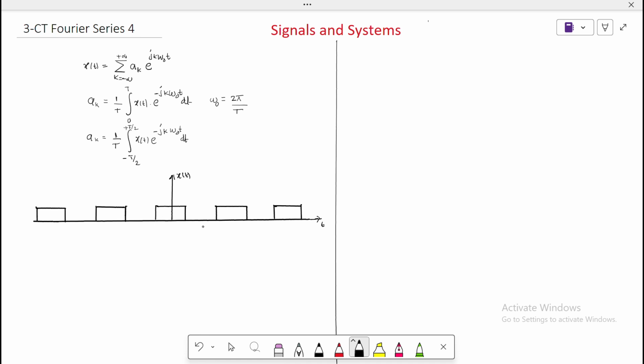This is the time period, from minus T by 2 to plus T by 2.